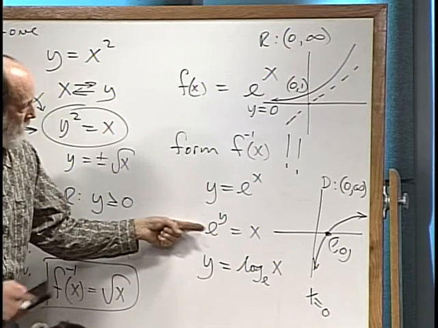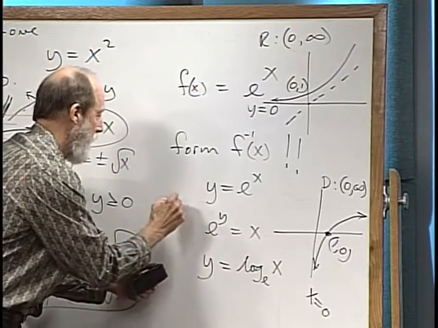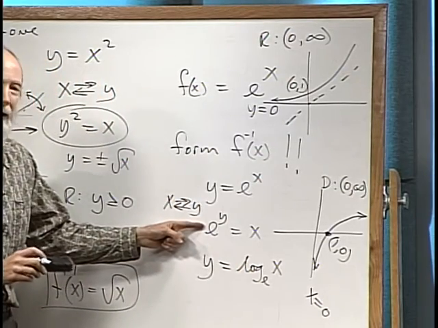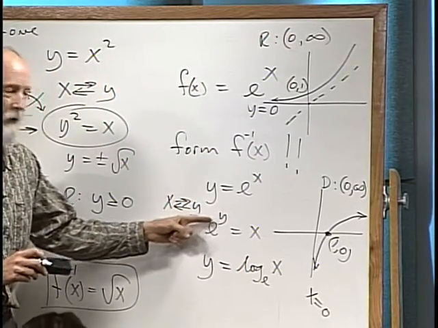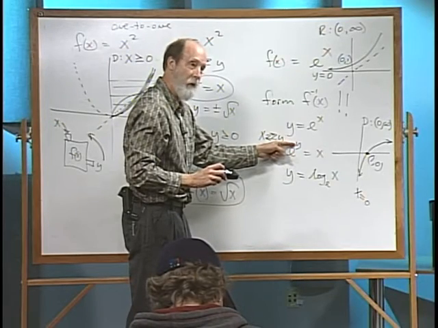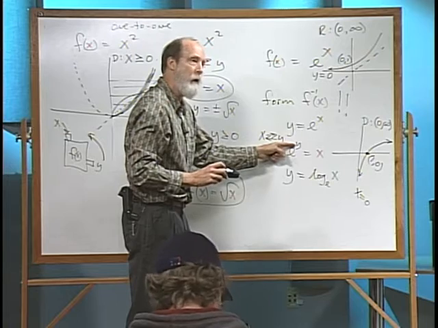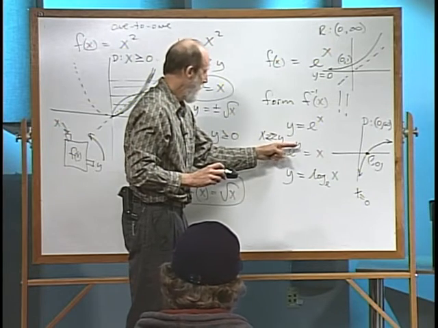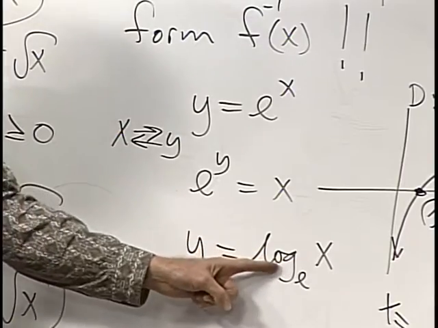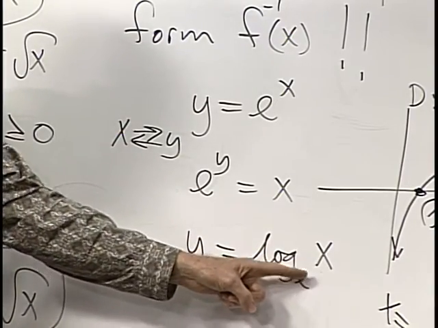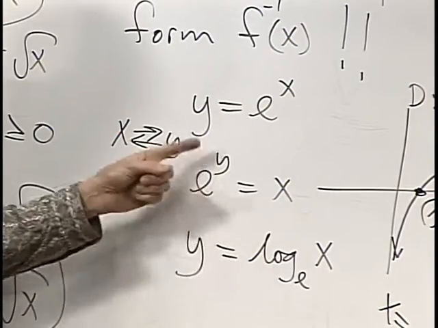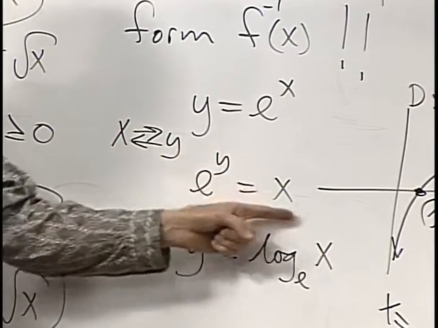Here's the inverse of it by interchanging x and y. And then this is called an exponential equation. And if you simply write y equals here, recall what a logarithm is. It's simply an exponent. Y is equal to the exponent of e that yields x. When you apply e to some value, whatever that exponent is, you'll get this x reading.